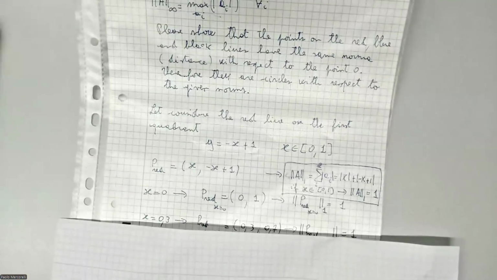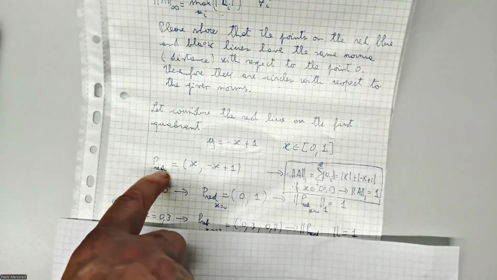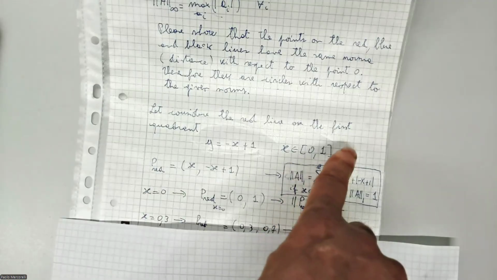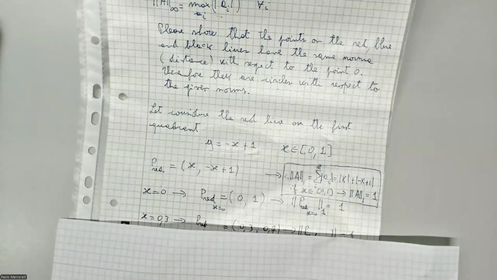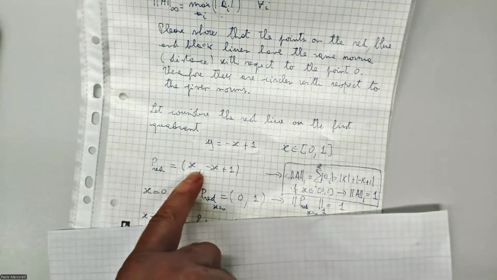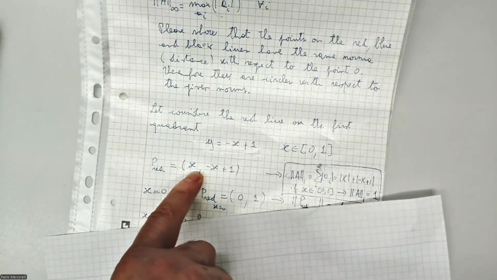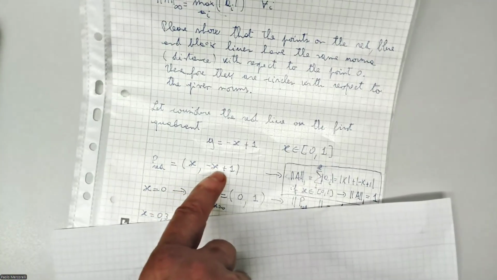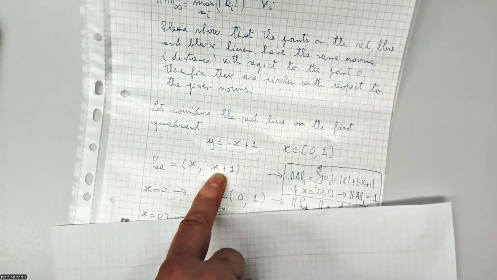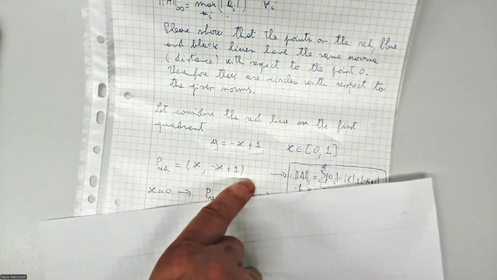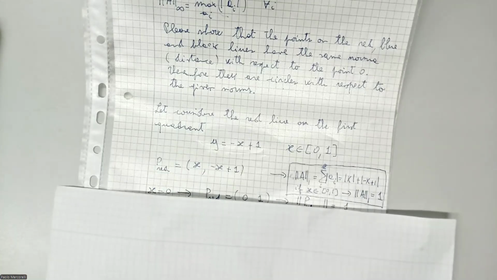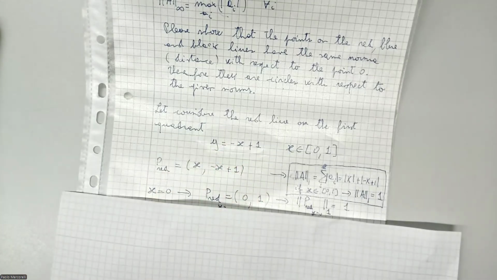Okay. Let me do the calculations analytically. Look, the points in this interval, 0 to 1, are characterized by the x coordinate equal to x, and the y coordinate equal to minus x plus 1. I don't know if this way of saying it can be understood.